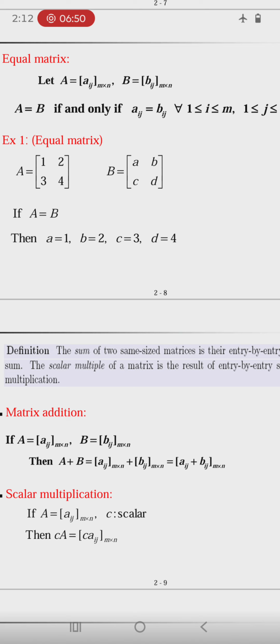Scalar multiplication: if A equals [aij], m by n, and c is a scalar, then c times A equals the matrix [c times aij], with order m by n. C is multiplied into all the entries of the A matrix.